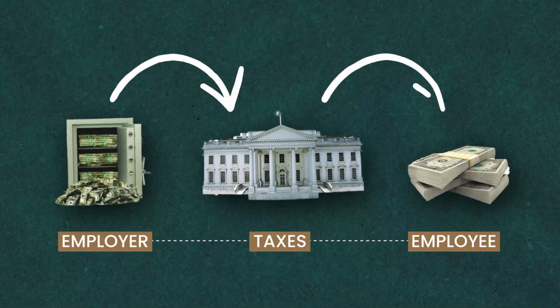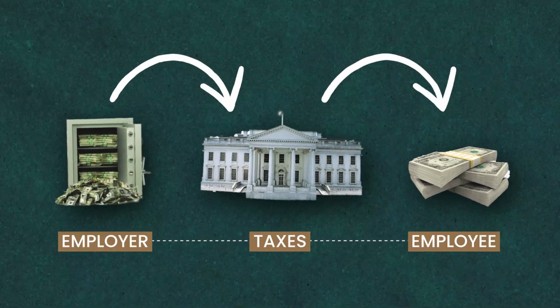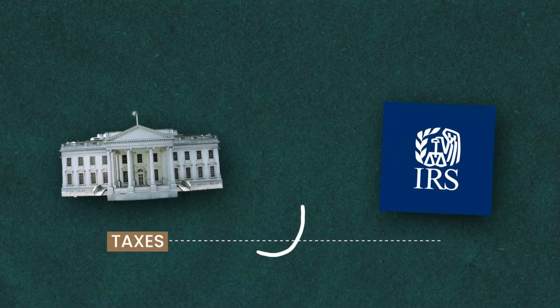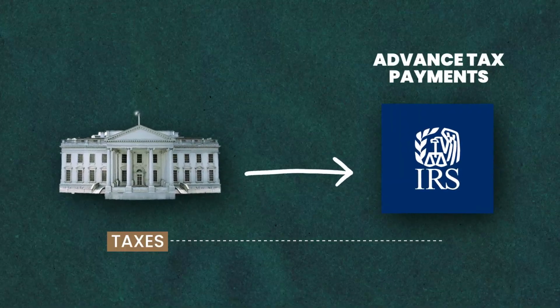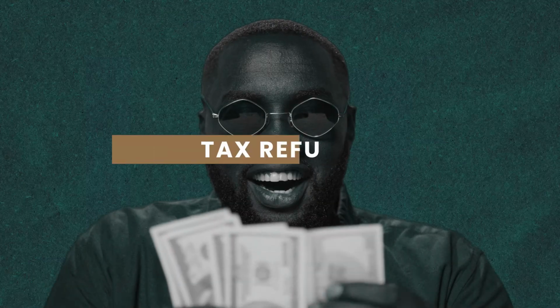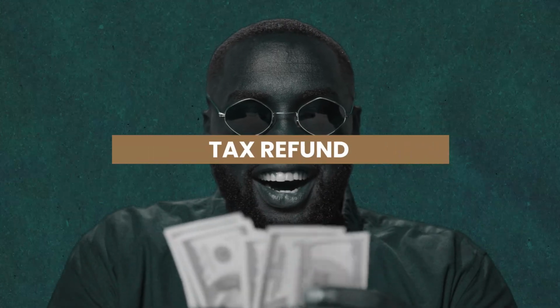So when employees are paid from their employers, they receive their pay after taxes are withheld. And those taxes that are withheld from their paychecks are submitted to the IRS in the state as their advanced tax payments. And if too much money is withheld from their paychecks throughout the year, then they would typically receive a tax refund when they file their taxes.